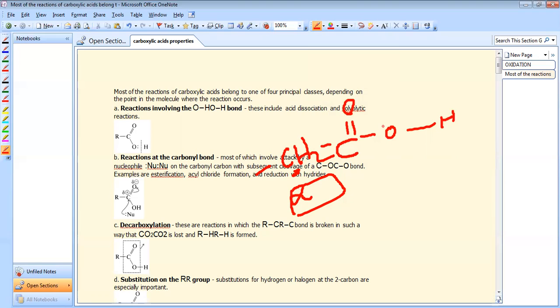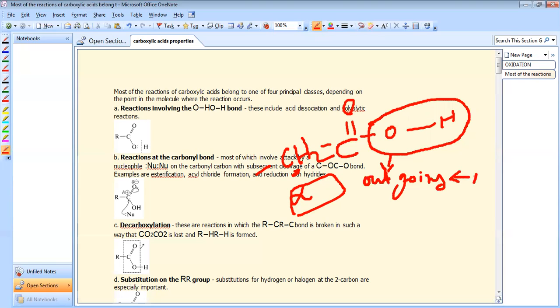Next, see here, this part is known as the outgoing nucleophile, which will be replaced with an incoming nucleophile. This involves the breakage of the bond between the carbonyl carbon and OH. Breakage of this bond results in a nucleophilic substitution reaction. This is the second kind of reaction.